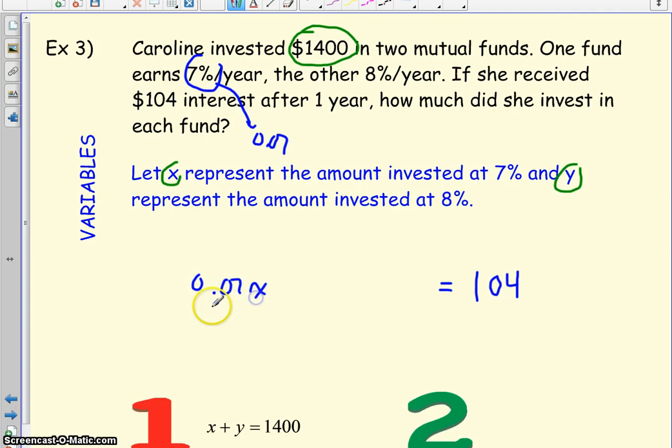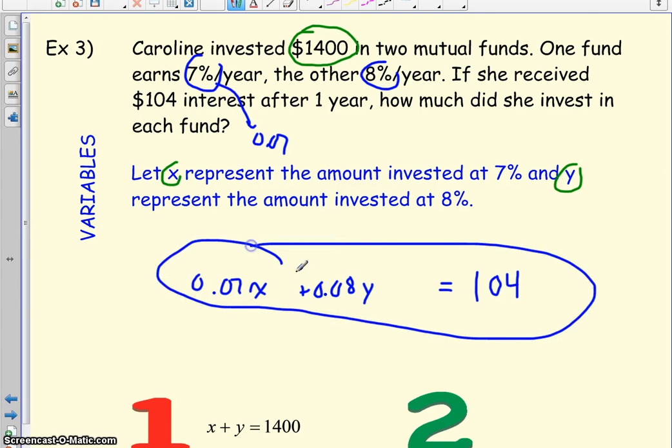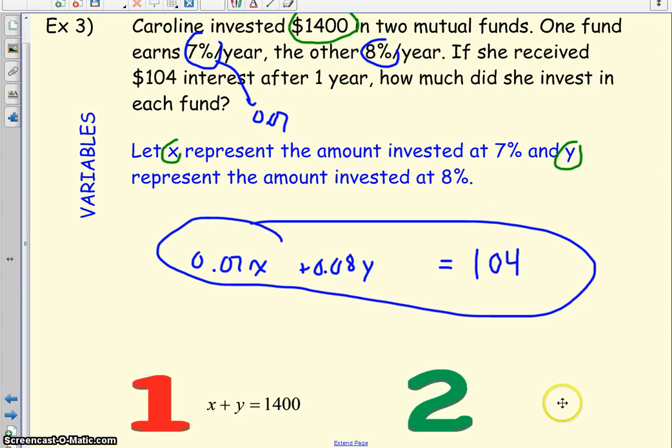So the amount she invested at 7%, we get 0.07x. And she also gets interest from the 8% mutual fund, so we're going to add that to the interest, which is going to be 0.08 times what she invested in that mutual fund, which was y. So we get an equation of 0.07x plus 0.08y equals 104. And that will give us our second equation that we can use.